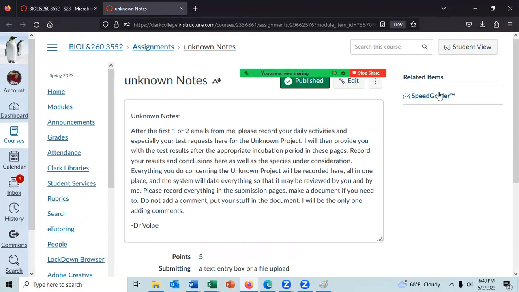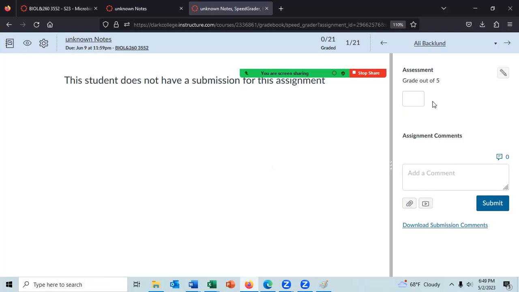I've got a speed grader, but you'll have an upload page instead of a speed grader link. And you click on it and you would get your page uploaded and it'll be right here. Obviously, nobody's submitted anything here, but what you want to do in your unknown notes page initially is put your unknown number in your unknown notes page.